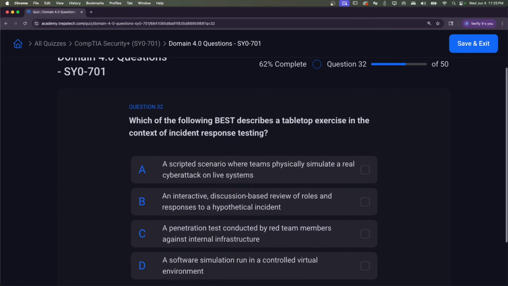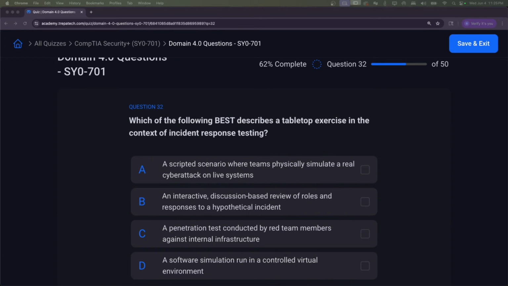Question 32. Which of the following best describes a tabletop exercise in the context of incident response testing? So a tabletop exercise. Okay, so incident response testing. Pretty much when we say incident response testing, that's our exercises that we do to make sure our incident response plan is working. It's good, it's valid, that everyone understands their roles, and there's many different exercises we can do.